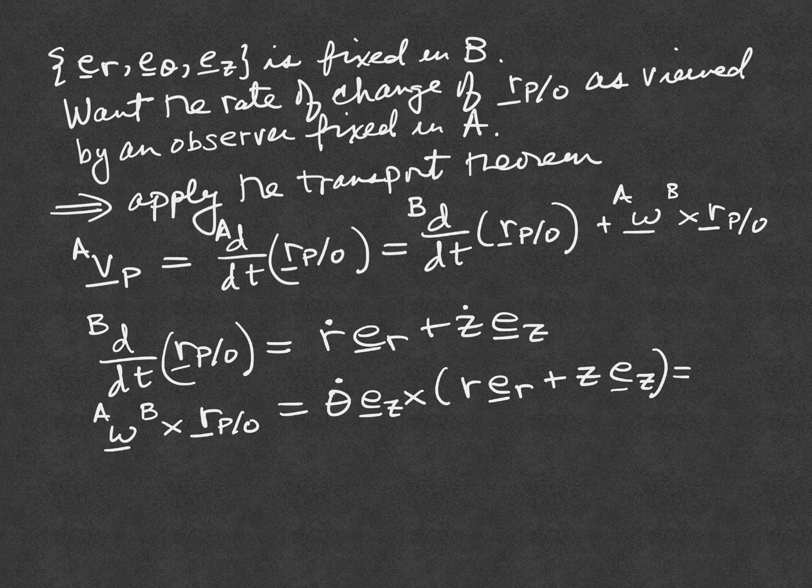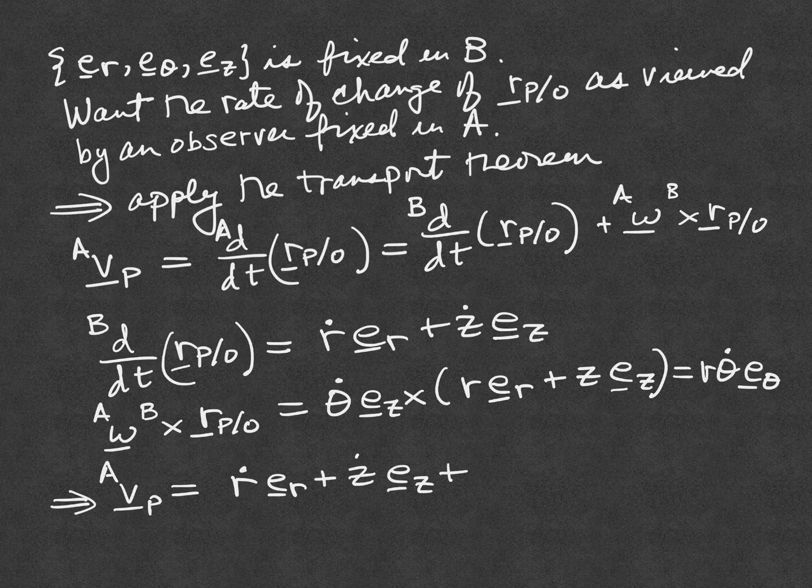So this gives me R theta dot E theta. So as a result, I get that the velocity of P in reference frame A is equal to R dot ER plus Z dot EZ plus R theta dot E theta.